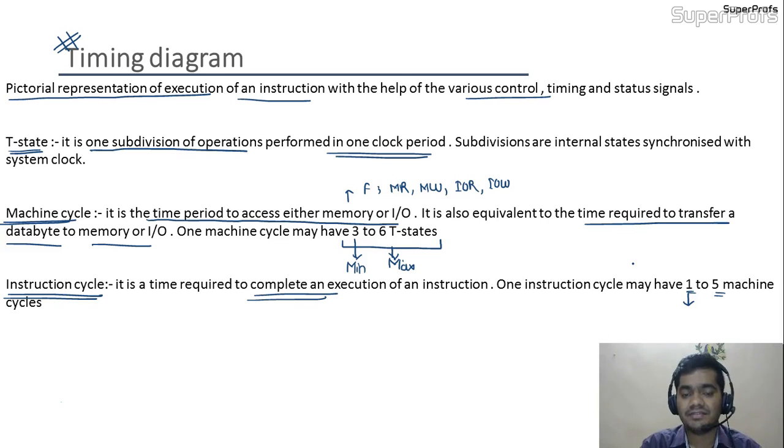That is, we are fetching the opcode from the memory so that the microprocessor can understand which operation is going to be performed. It is very important to first fetch the opcode from the memory.